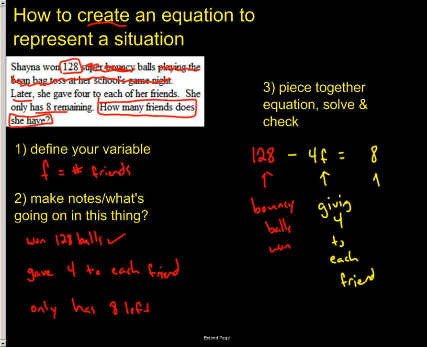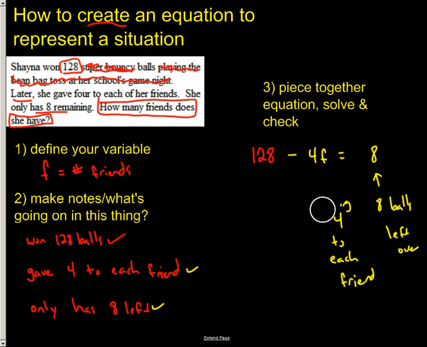So there we go, 8 balls left over. So I've sifted through this data. I've defined my variable. I know F stands for the number of friends she gave the four bouncy balls to. And so now we can just solve this equation in our typical fashion.